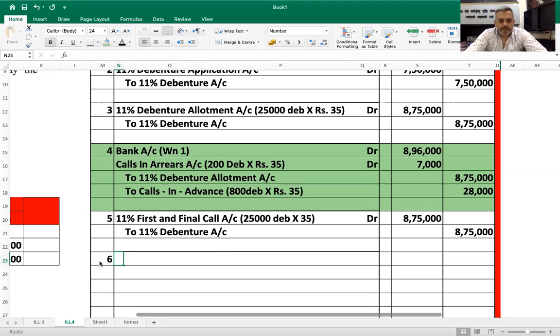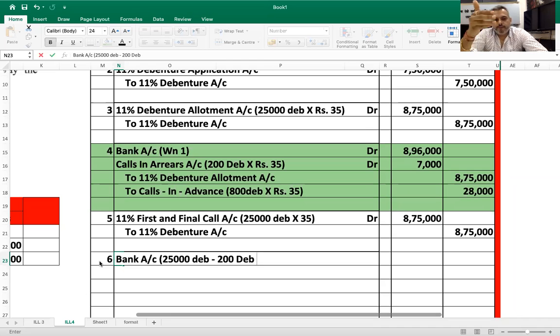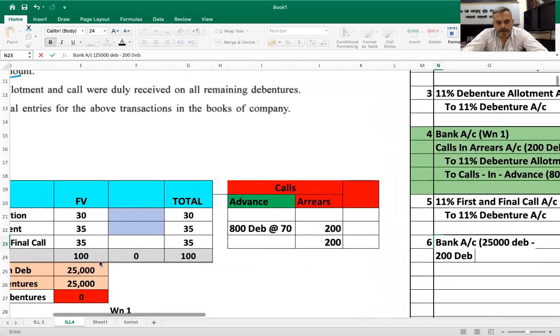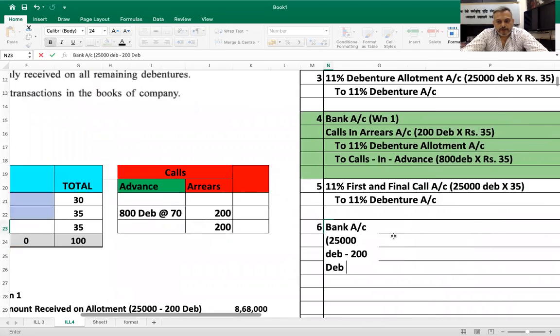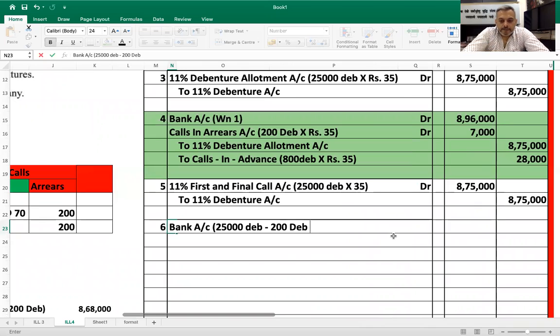Now sixth, bank account. Now over here, working is very simple because out of 25,000 debentures, we did not receive money for 200 debentures. Okay, once again, this person Harjit did not pay the first and final call on 200 debentures. You can see it over here. Now, minus we already received 800 debentures money in advance.